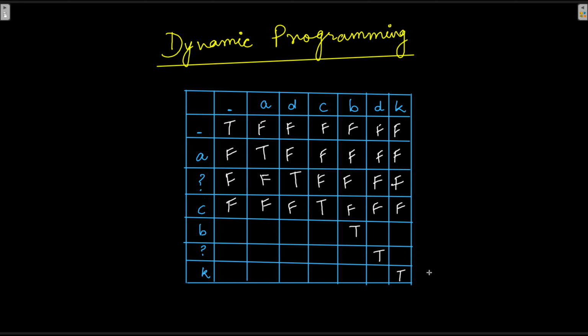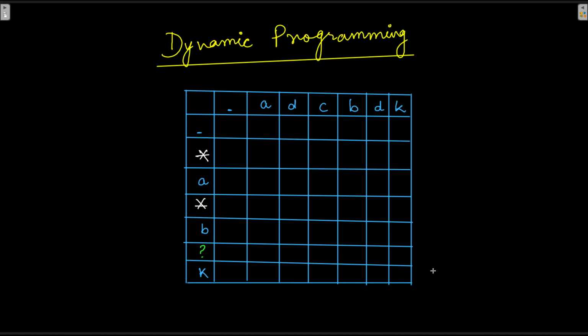The third example we are going to take, we are going to use asterisk as well. So that is important, and you should make sure that you understand all the situations, all the conditions. So we start with this empty string and I'm going to write T. And what about rest of them?